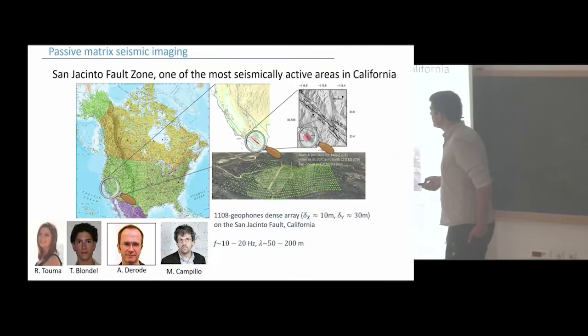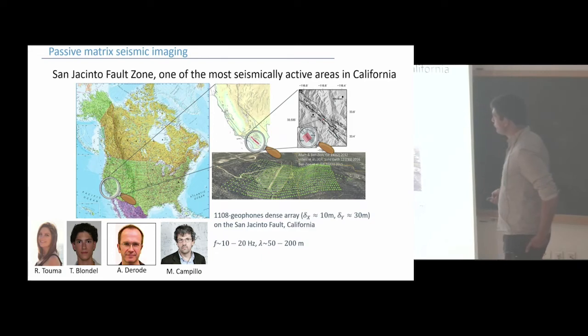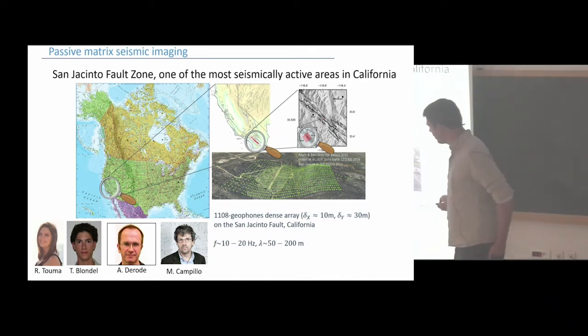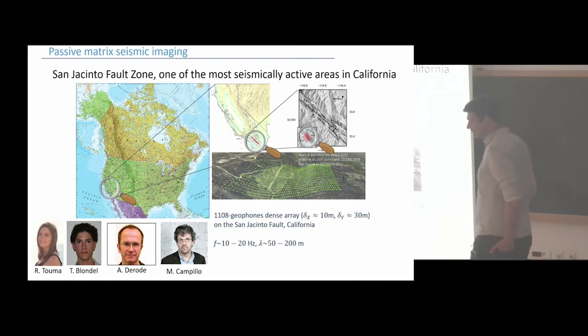First case, the San Jacinto fault zone, which we studied with these people: Rita, Michel, Thibault and Arnaud de Rode. This is an array of geophones that had been set up, I think, by Ben-Zion, along the San Jacinto fault. It's a huge number of geophones, and the distance between the geophones is of the order of 10 to 30 meters.